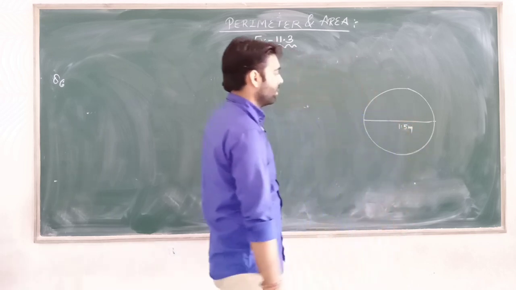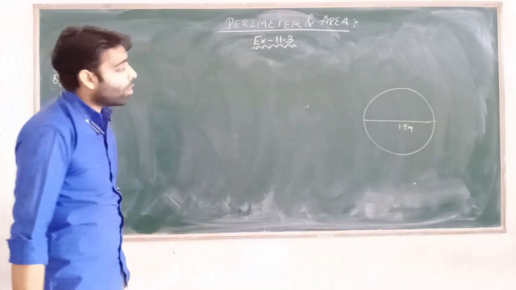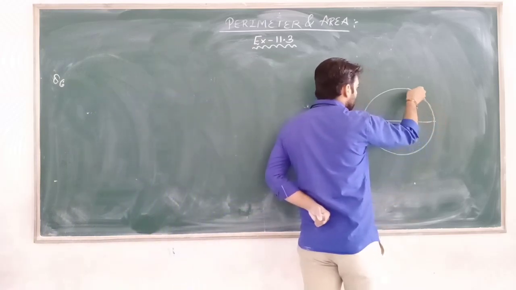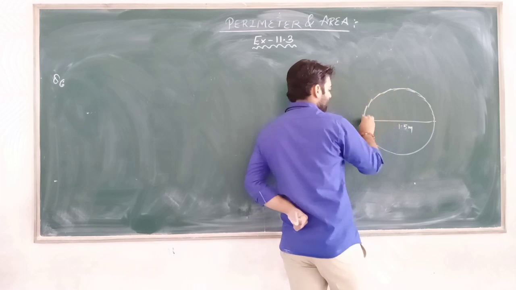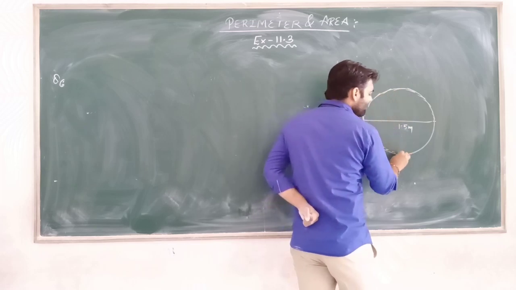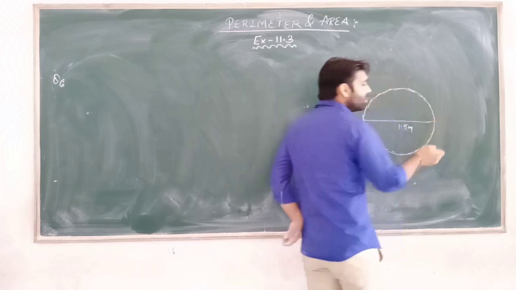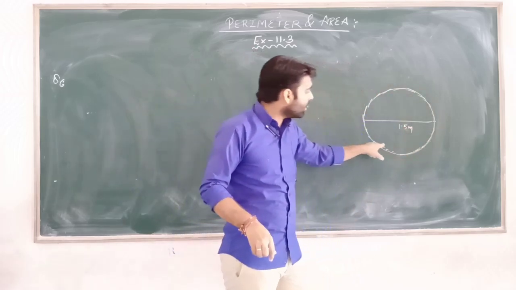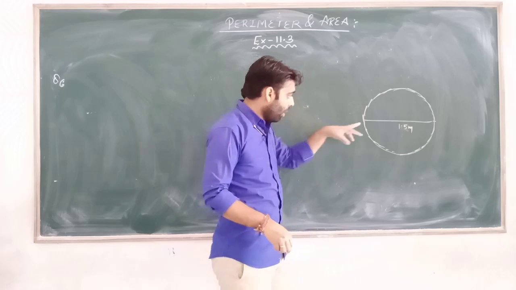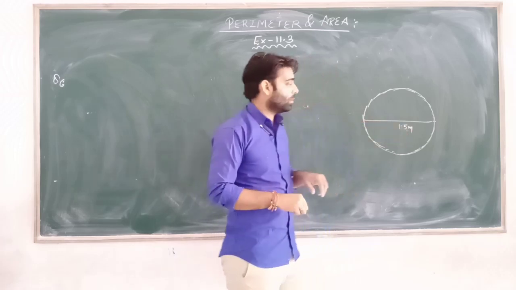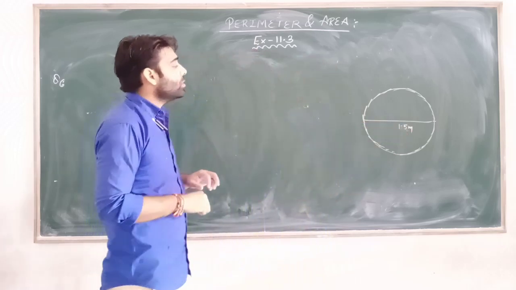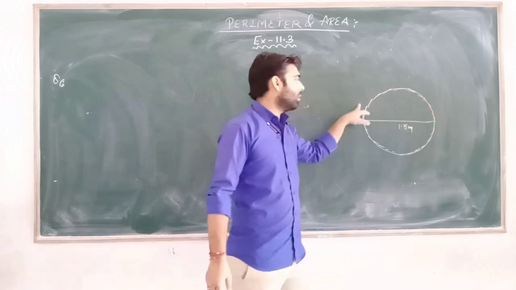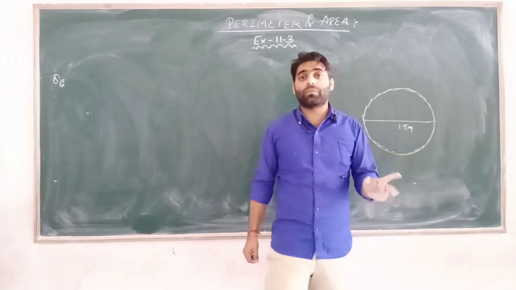Seema wants to put a lace along its boundary. Lace means a piece of ribbon she wants to put over the side of the circle of diameter 1.5 meters. First of all, students, we have to calculate the perimeter of the circle, or circumference of the circle.